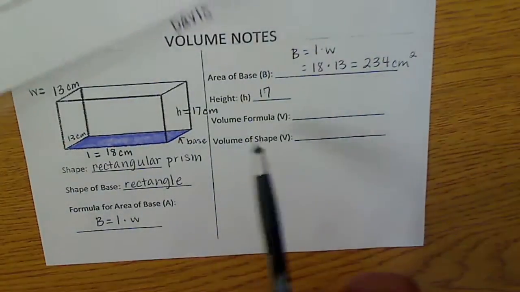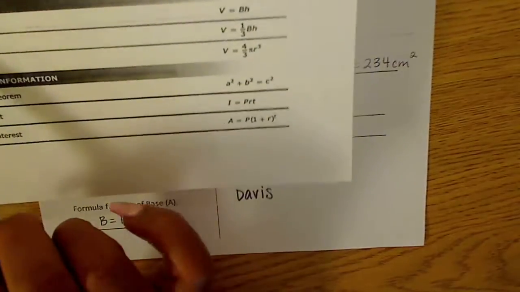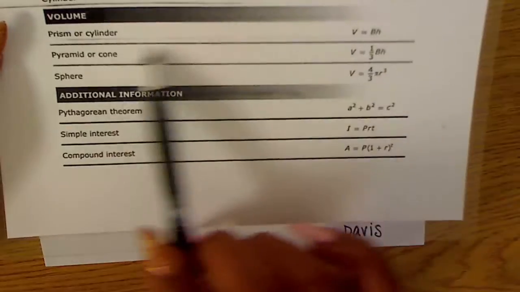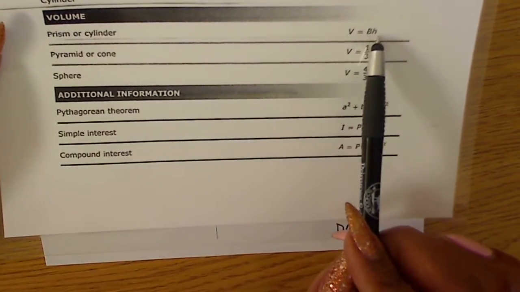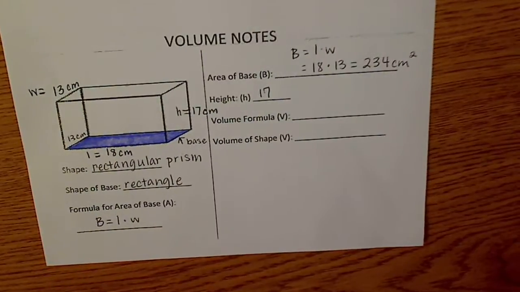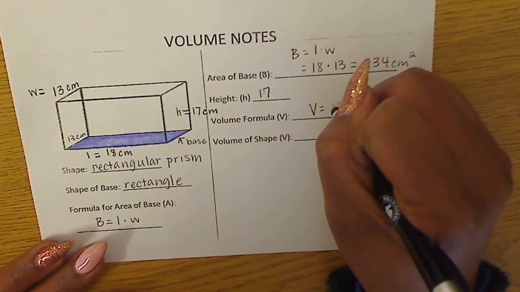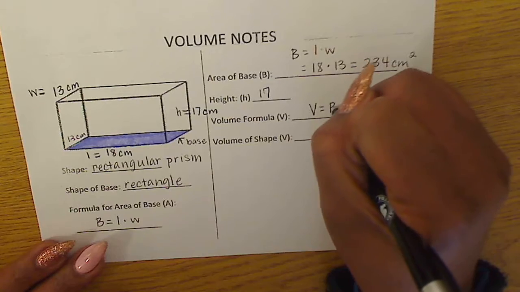And it says our volume of a prism. So you see where it says prism, and it gives you volume equals base times height. Okay? So right here, we're going to write volume equals base times height.